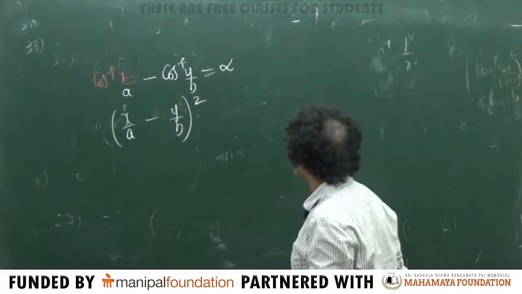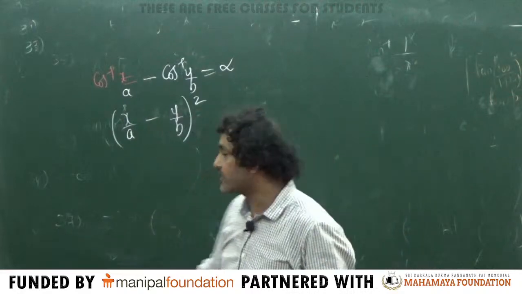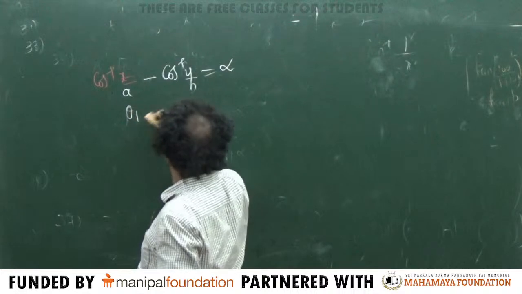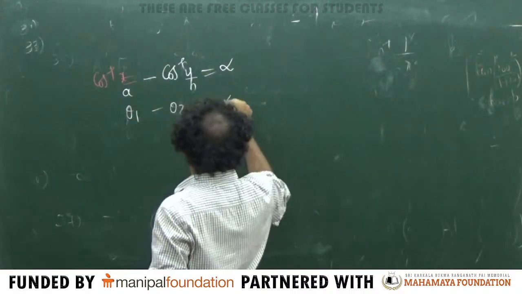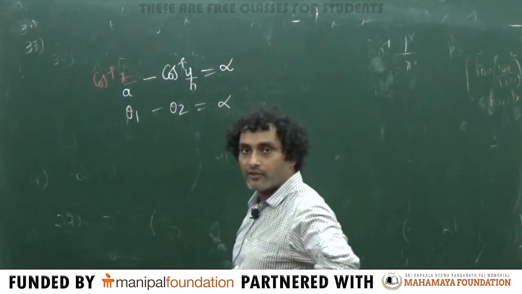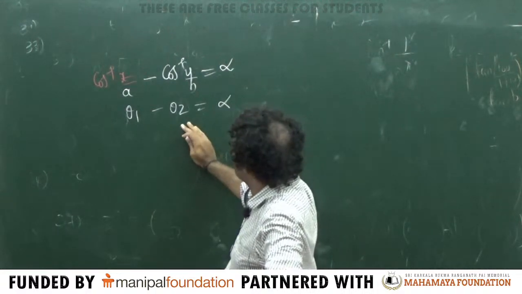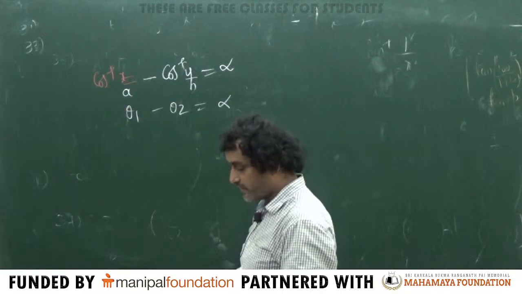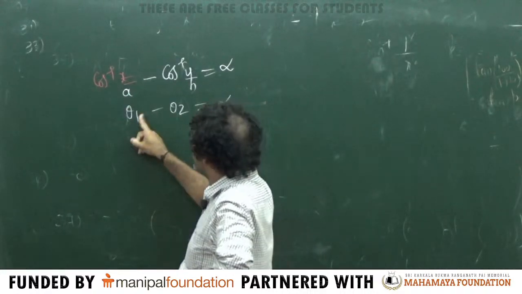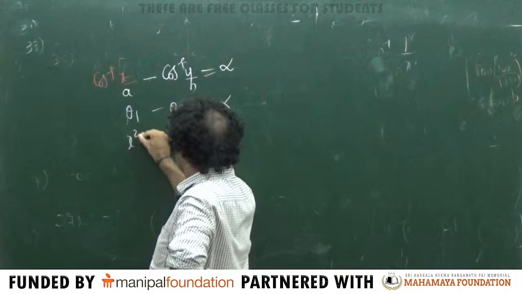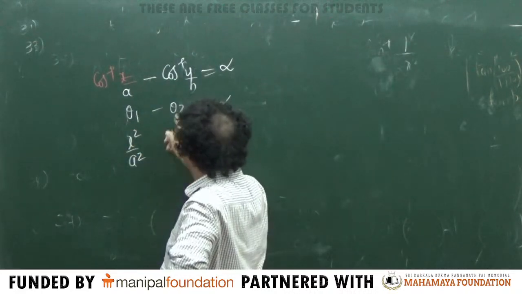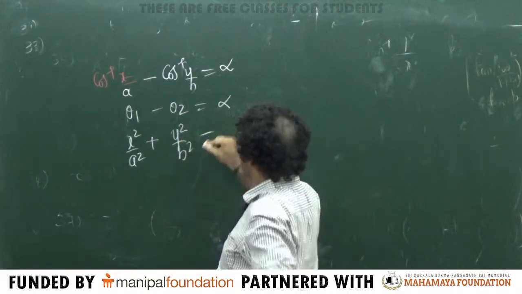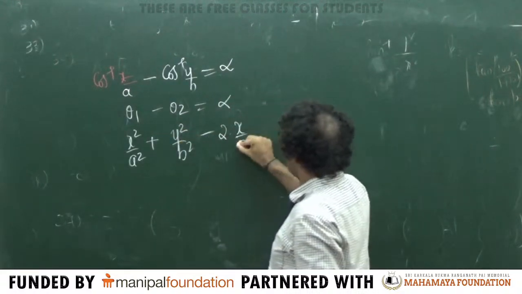Simply square it. Or if you are not getting it, I'll put it like this. You simply take it as some theta 1 and theta 2, and this is alpha, correct? Now when you square it, isn't it this square, which is x square by a square, plus y by b the whole square, which is y square by b square, minus 2 x by a, y by b?